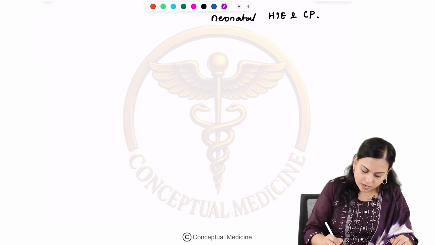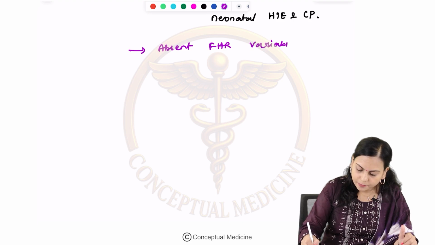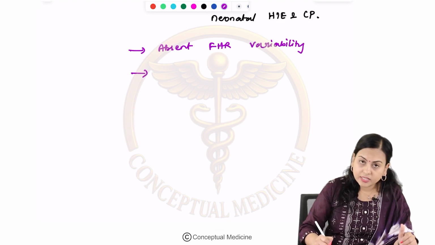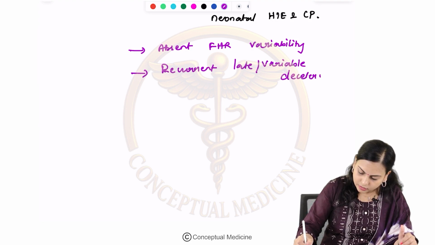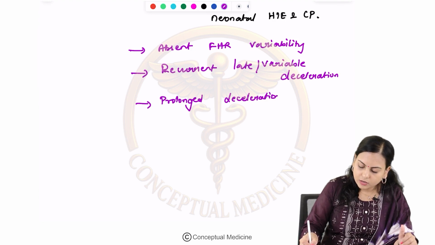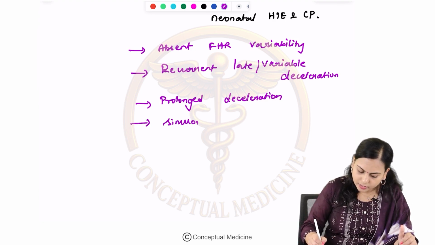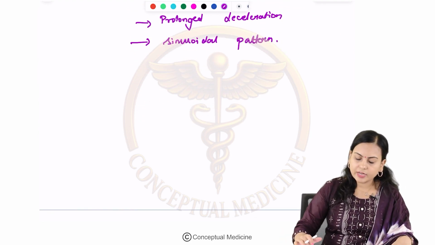And then features include, there will be absence of fetal heart rate variability. Okay. Then there can be recurrent late or variable deceleration or a prolonged deceleration. And also we include the sinusoidal pattern of NST, the pathological type. Clear? So, these are the 3 categories of NST.